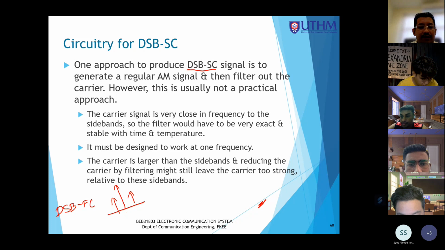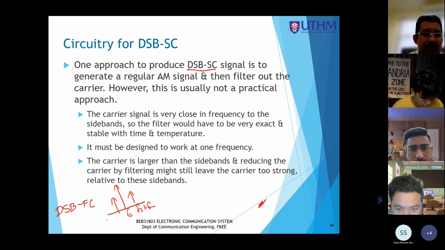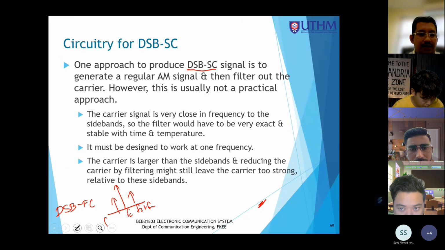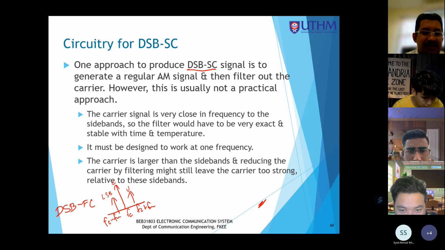So this one is FC plus FM, this one is FC, this one is FC minus FM. So this is the LSB, this is the carrier, this is the upper sideband.